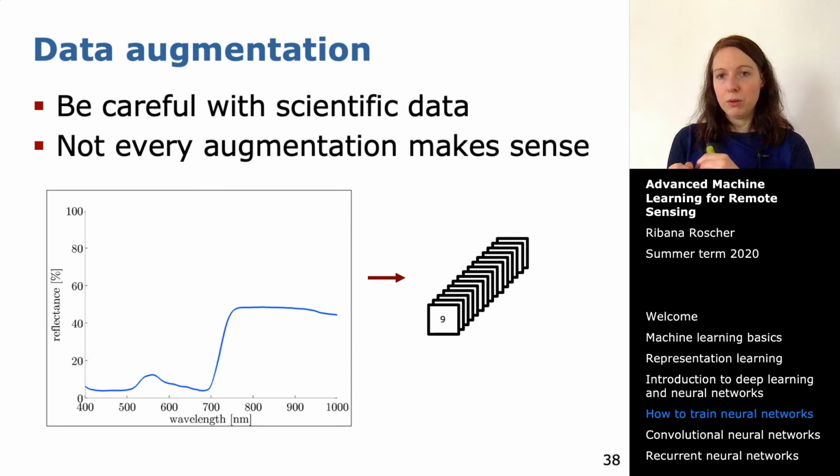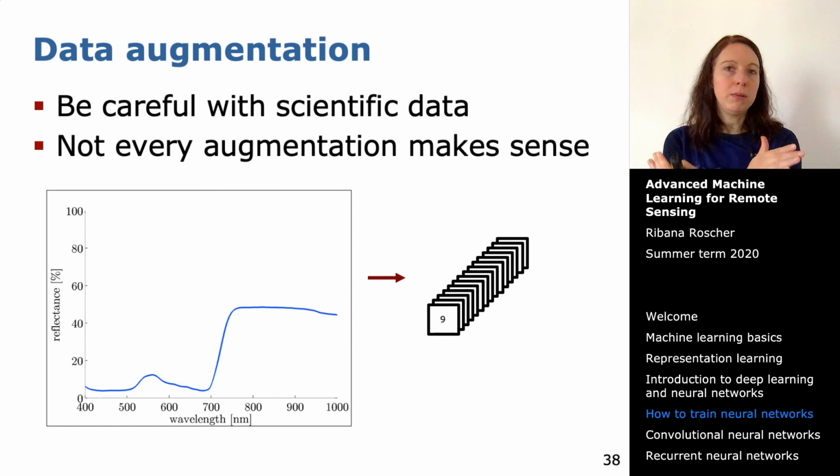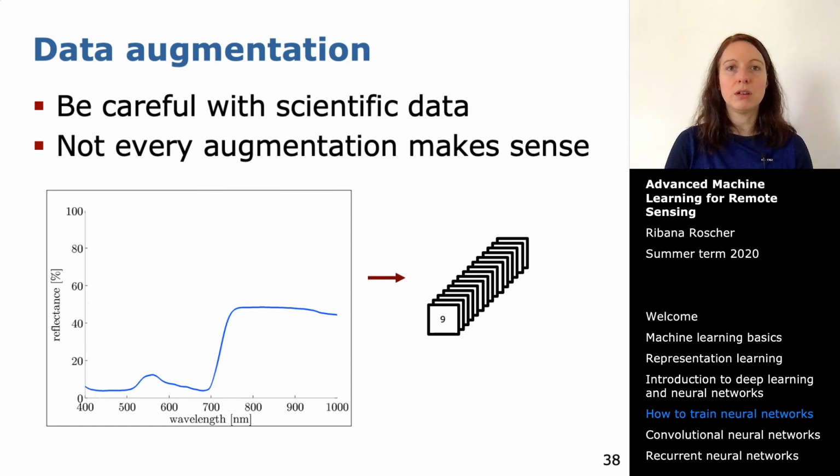But if you look into the spectrum, you cannot flip it, it would not make any sense, and it's not representative anymore to reflect the spectral characteristic of a material. So be careful what you augment and where you apply these augmentations.